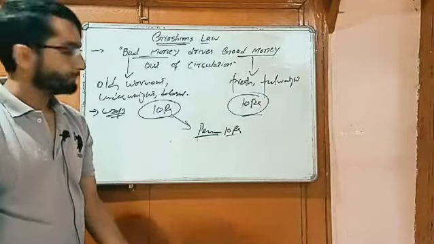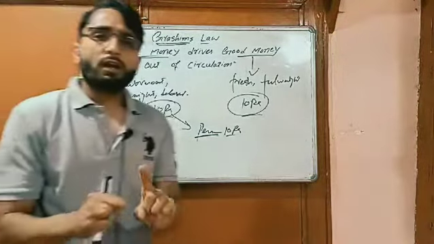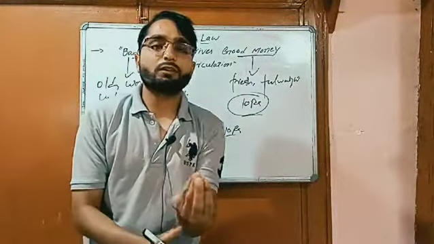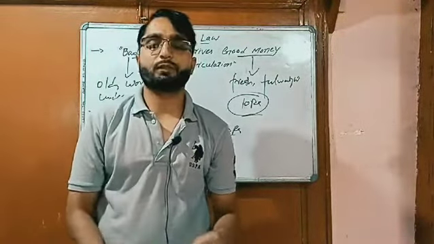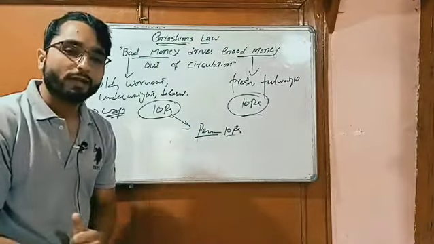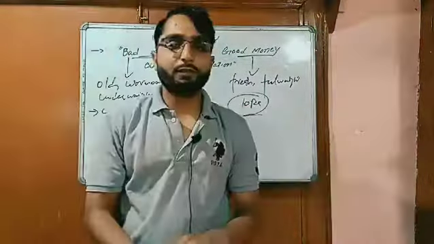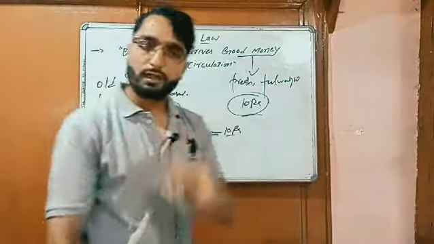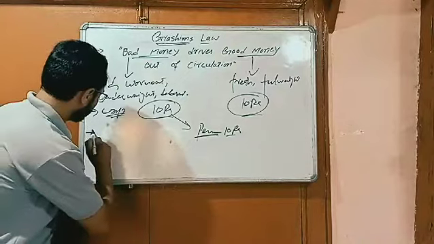It's quite evident. Okay, now let us see the application of this law. Is this law only applicable on the gold standard, or is it still applicable in today's standard, which is paper currency? Let's have a look.